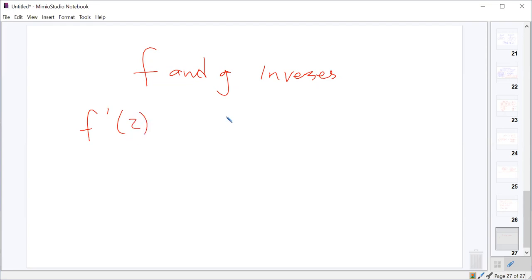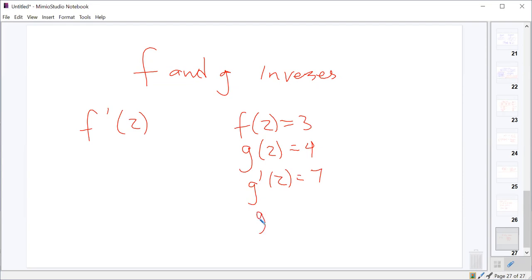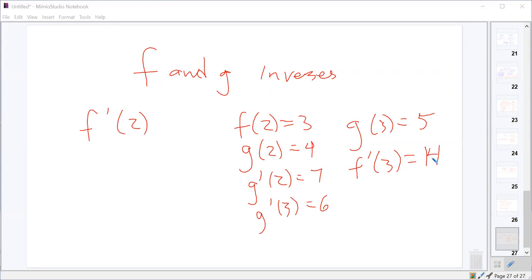They'll say something like, f of 2 equals 3, g of 2 equals 4, g prime of 2 equals 7, g prime of 3 equals 6, g of 3 equals 5. They'll say something like f prime of 3 equals 4. No, I already used 4. Or 14, right?